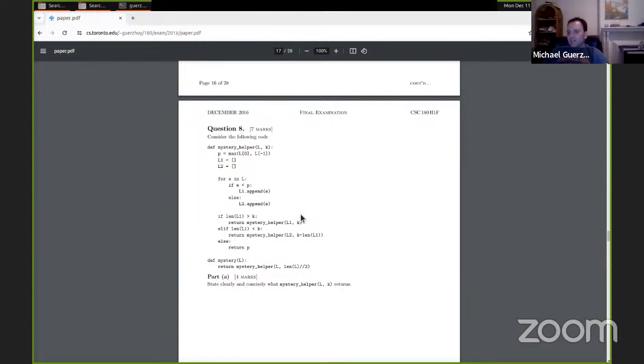In this case, I'm just going to say, what's the worst case? The worst case is you keep calling and not returning. How would that happen? Well, L1 and L2 get shorter, so eventually something's going to happen. But I'll make it so that L1 doesn't get as short. That was just one strategy.